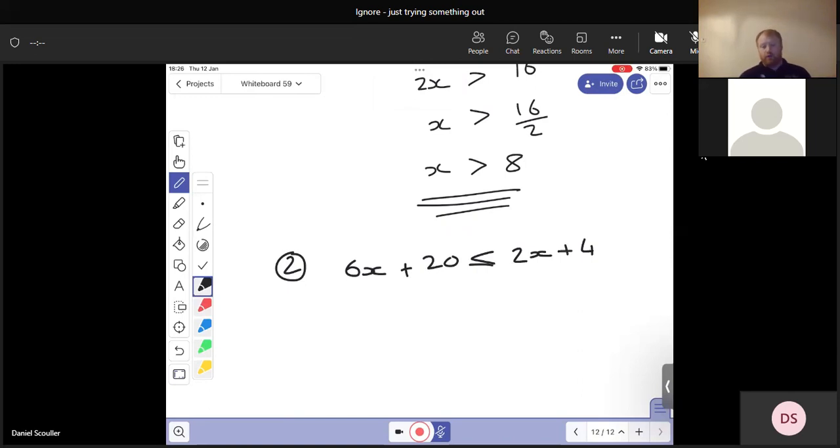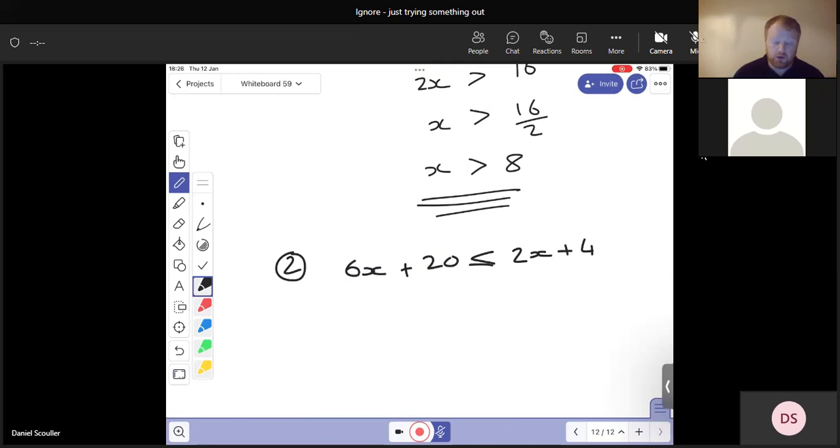Again, solving for x, the symbol we've got in the middle there is the left-hand side is less than or equal to the right-hand side. It's the wee arrow pointing to the left-hand side, with the line underneath it, and that line underneath it means it could be equal to as well. So when we find the x term, it could be any term that is equal to that number or less than.